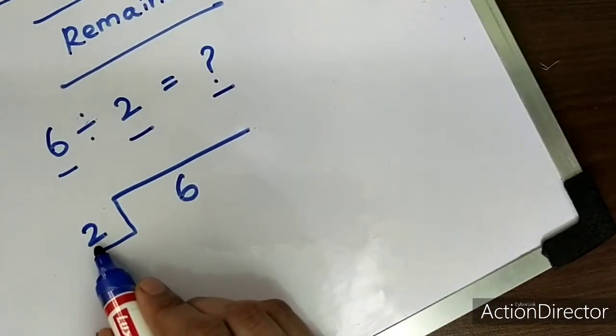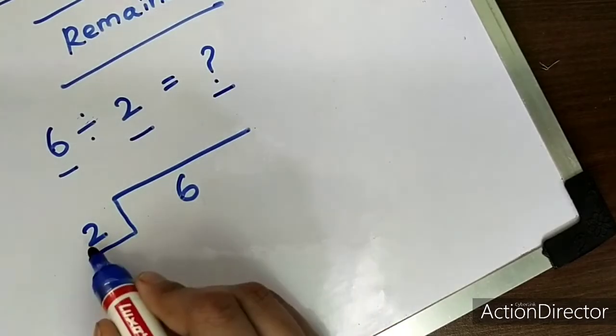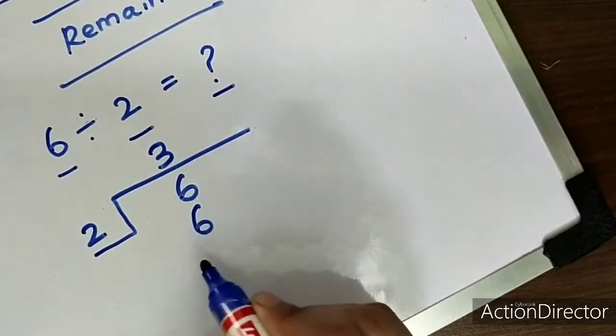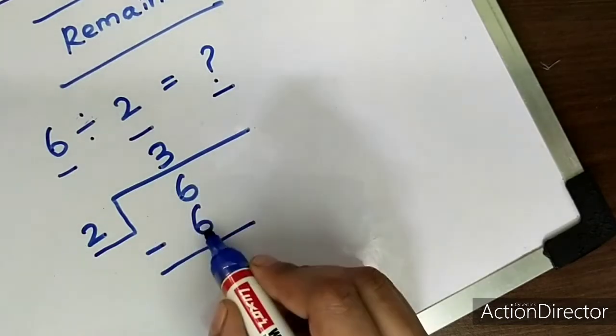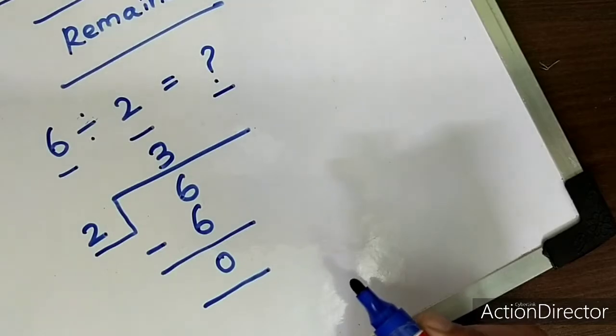So 2 tables 6 how many times? 2 3s are 6. Now if you subtract, 6 minus 6 will be 0.